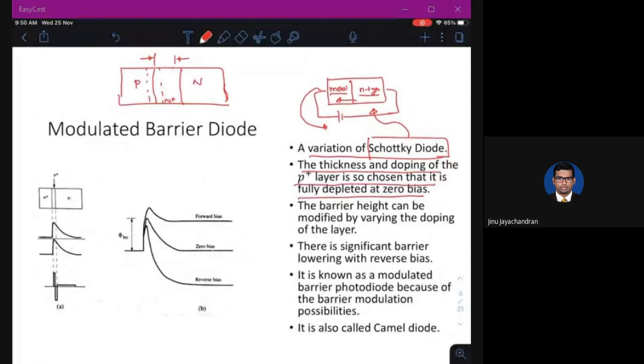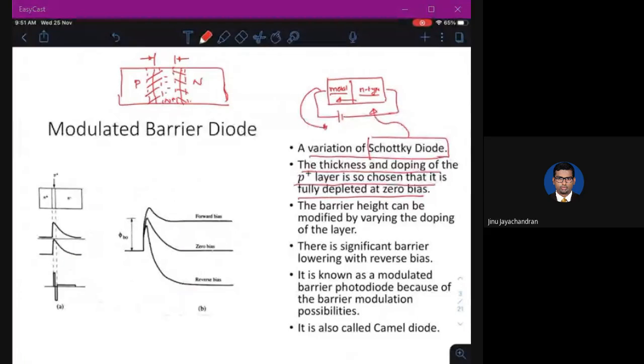In both these two junctions, you will have the depletion layer. Now, it might be possible that the complete middle layer will not be depleted. There will be some portion of this layer which will not be depleted, and that is a semiconductor where you will have the holes and electrons, etc. The depletion layer will not have any charge carriers.